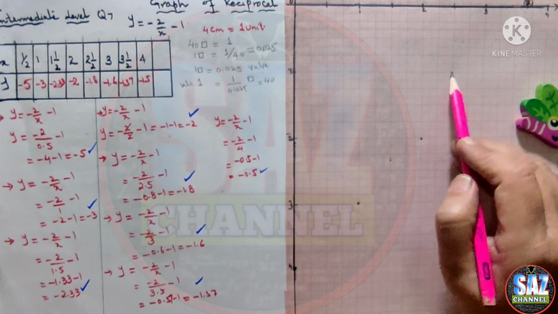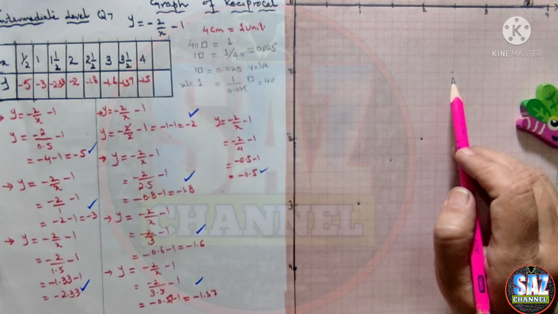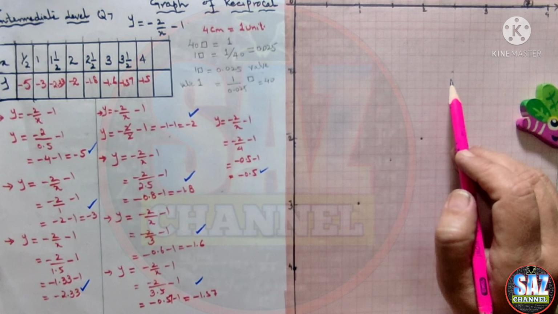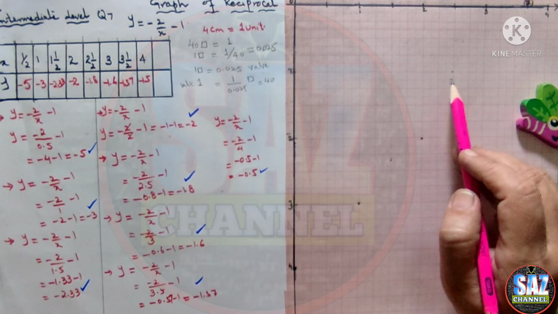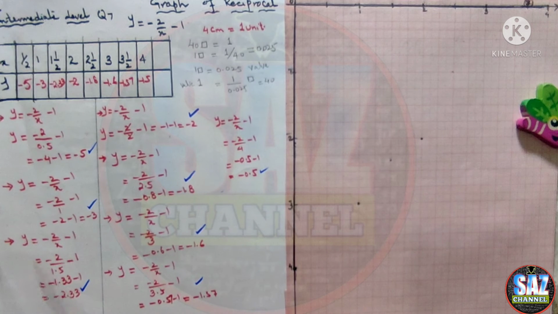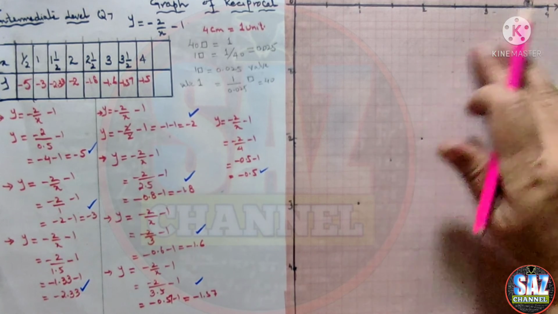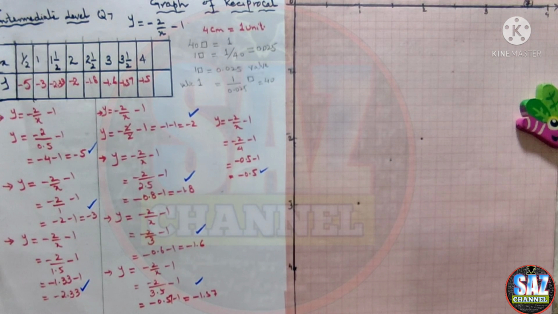For 1.8, how many total blocks do I have to move? 1.8 divided by 0.025 gives me 72 blocks.